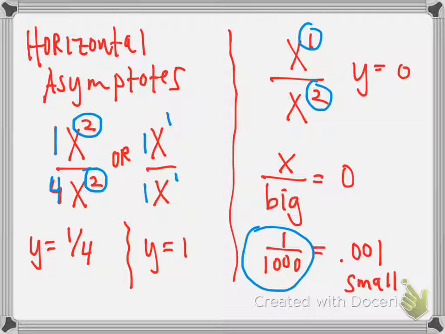And this asymptote goes off to be a really small number at the ends, because you always think about asymptotes at the ends of the graph, the negative infinity or positive infinity ends. And as this happens, your fraction would get really, really small, and it would be really close to 0. So these are the only two options for horizontal asymptotes.